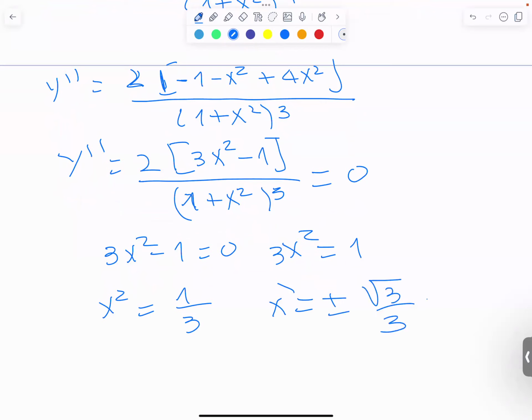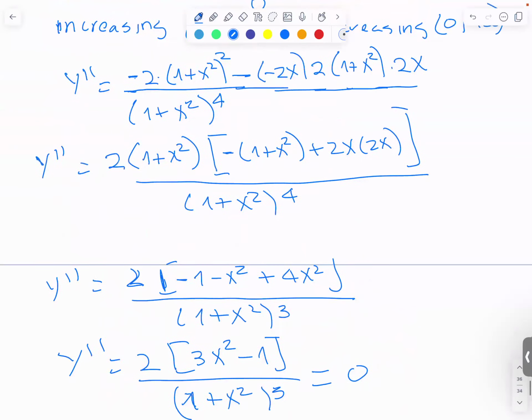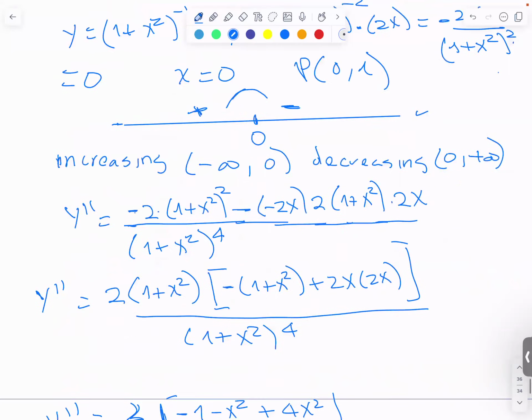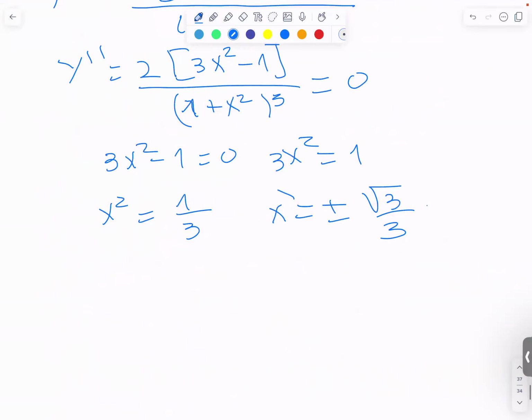Now let's do the line test to see where the second derivative is positive or negative.